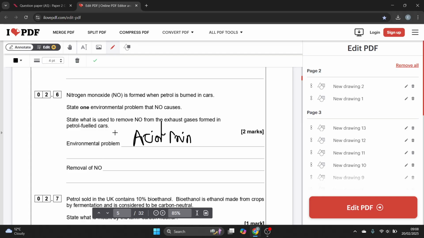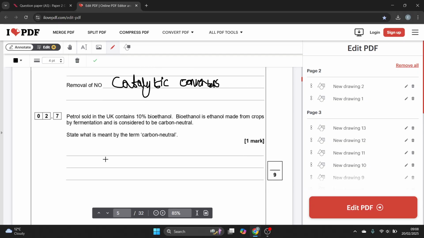And what is used to remove it from the exhaust gases in petrol fuel cars? Catalytic converters. What is meant by the term carbon neutral?